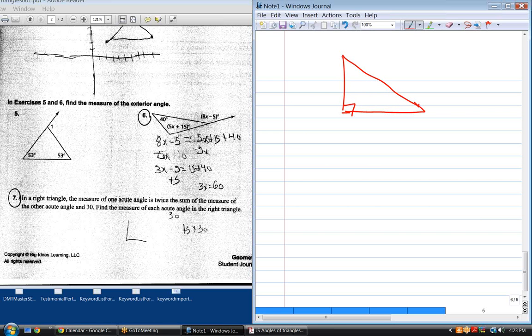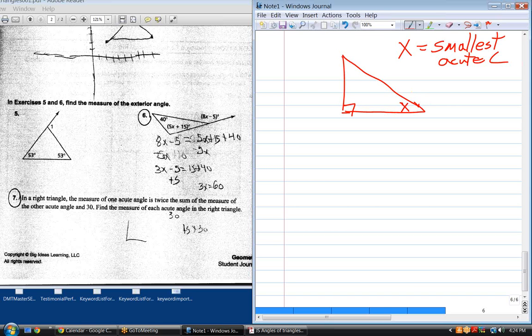Now, one acute angle is twice the sum of the measure of the other angle and 30. Well, let's start out by letting one angle equal x. In fact, as with most word problems, the best way to start out is let x equal the smallest acute angle, which is the way I've labeled it here and drawn it.